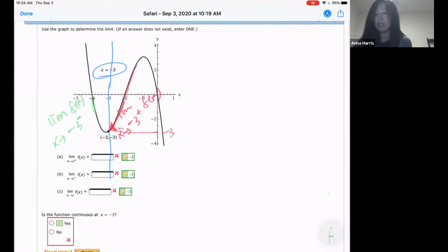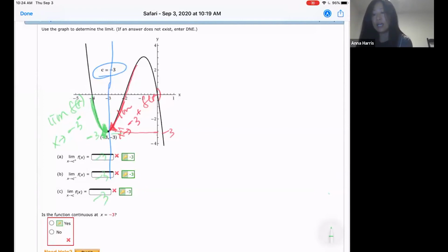I'm looking at this side now. Where does it approach? It also approaches the same y value, which is -2. So it'll be -2 and -2. Since the left-hand side limit and the right-hand side limit are the same, we have a limit, which is -2.